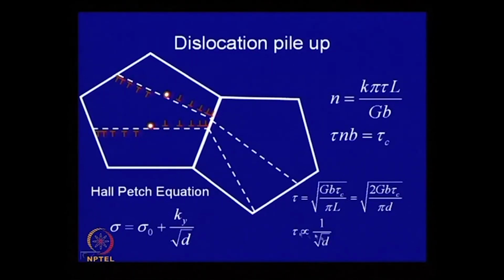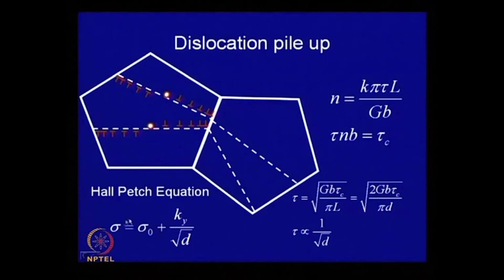Now, mind you, apart from this grain size effect, there will be the normal friction stress, say tau 0. So this tau will be equal to tau 0 plus a constant of proportionality k over root d, which is shown over here. So, in terms of tensile stress, the strength of a polycrystalline material will be given by this type of equation.